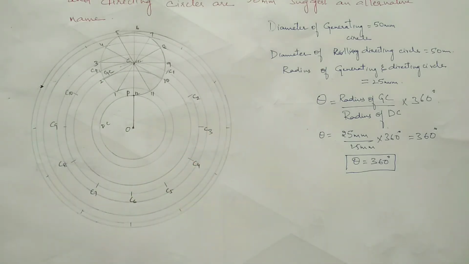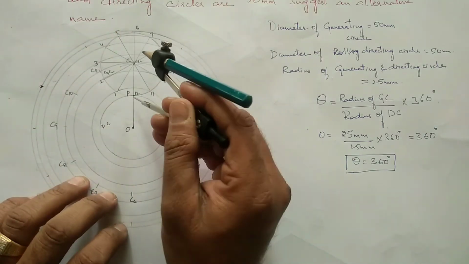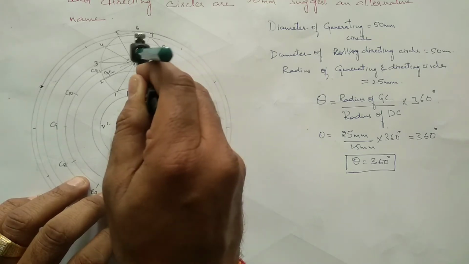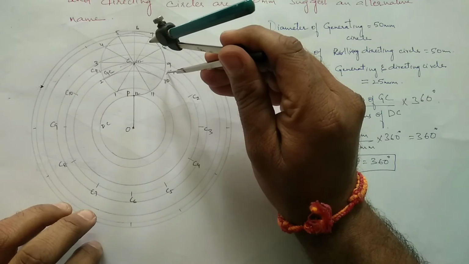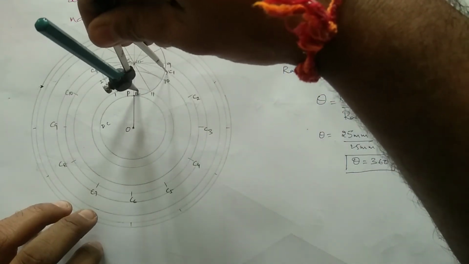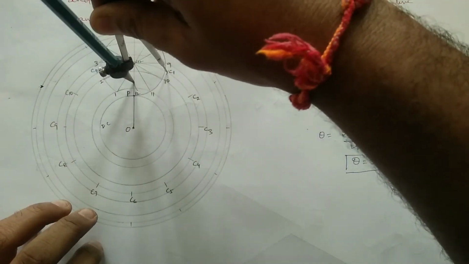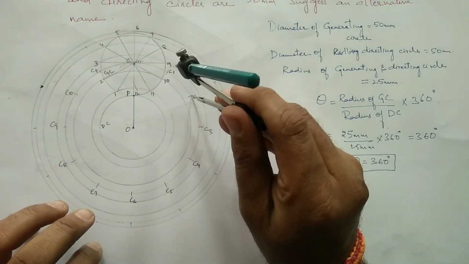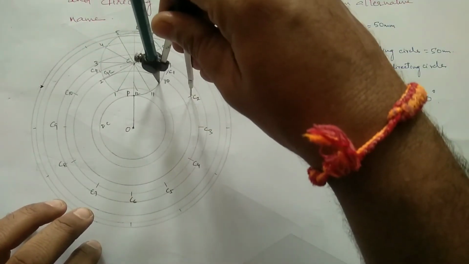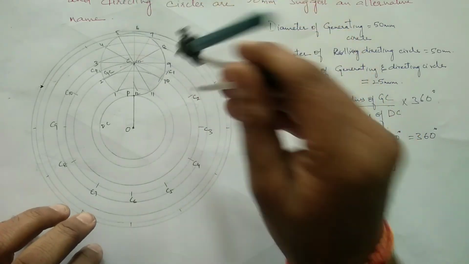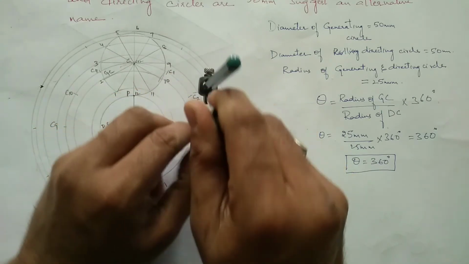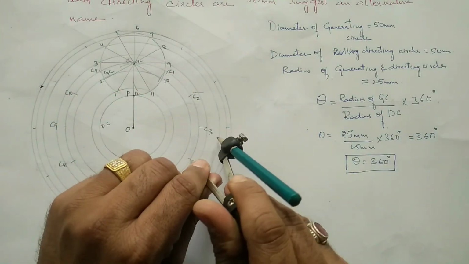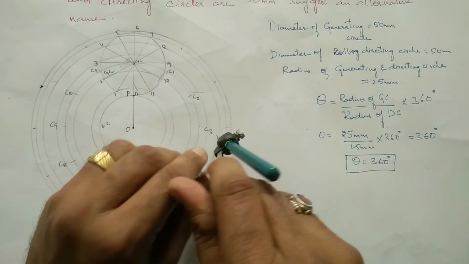Now, as we have drawn all the arcs for its revolution, taking CP length, with C1 as a center, cut an arc on the first circle, and similarly C2 as a center, cut an arc on the second circle, C3 as a center, the third circle, C4 as a center, the fourth circle.